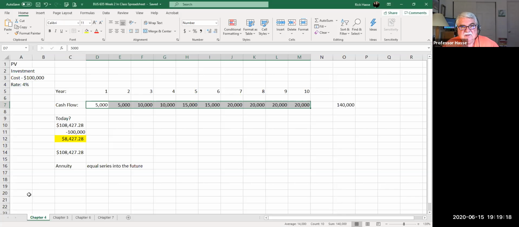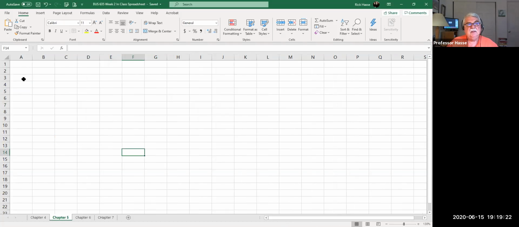Now, our next topic this evening has to do with chapters 5 and 7. Chapter 5 concerns itself with a form of debt that many companies use, and it's called bonds. All right? Bonds are great for companies. Why?